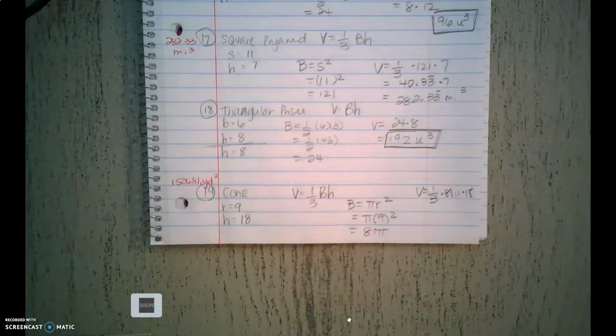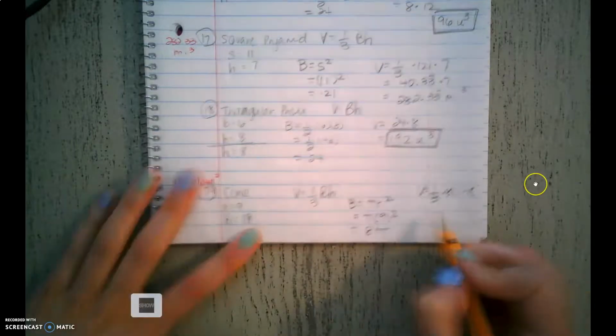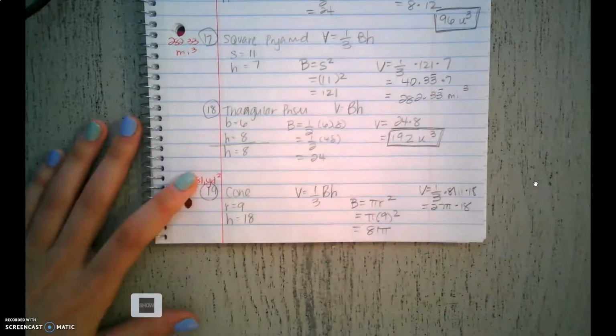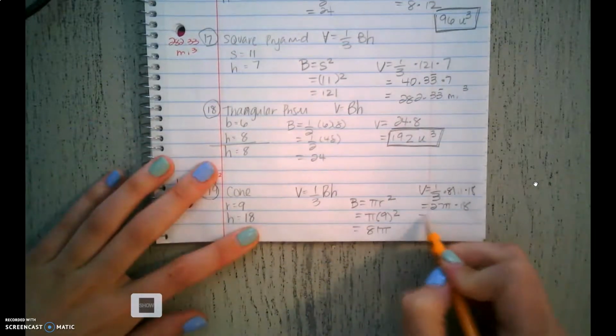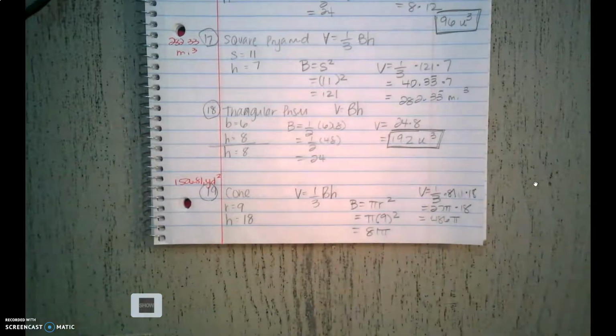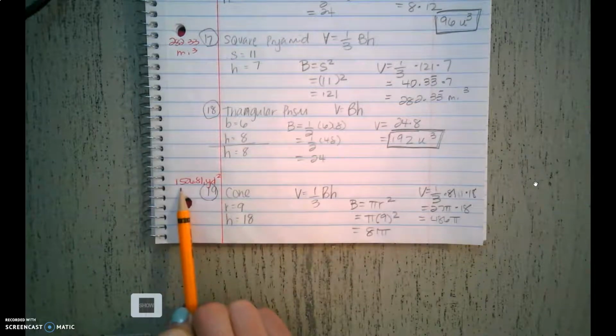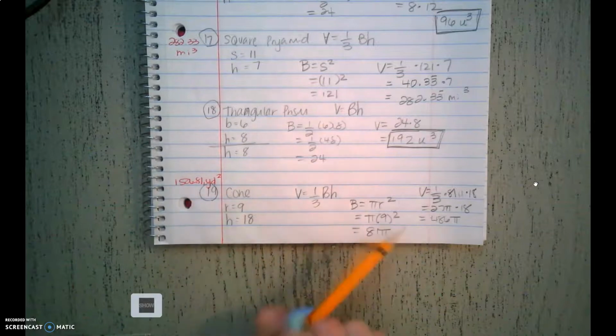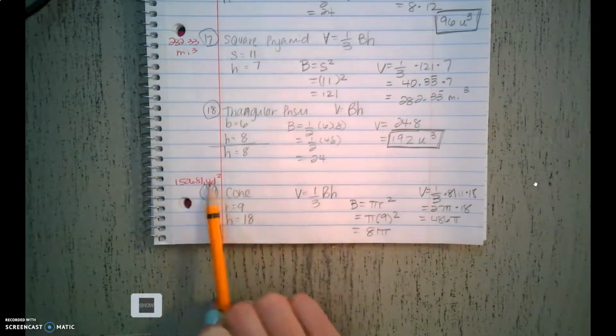So I'm going to say 81 divided by 3. So that's 27 pi times 18. 27 times 18 is 486 pi. So remember, that's an exact answer. So if I multiply 486 by pi, I get 1526.81. So both of those are equivalent. Be sure you can go between both forms.